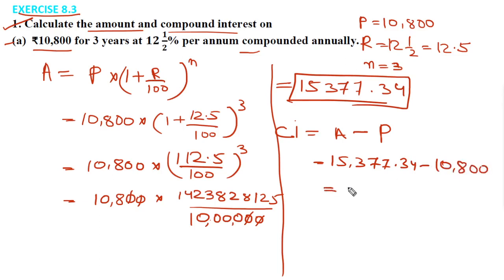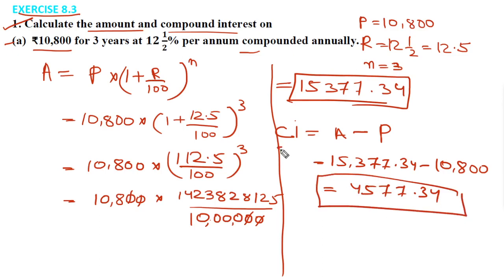So it will be equal to 4577.34. So this will be your compound interest and this will be your amount. So now we have solved question number 1a.